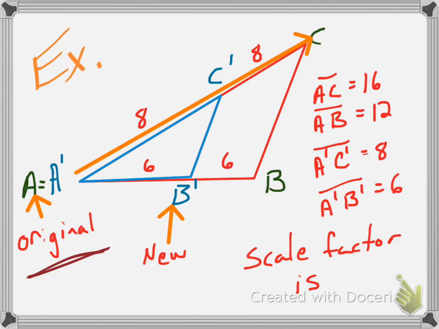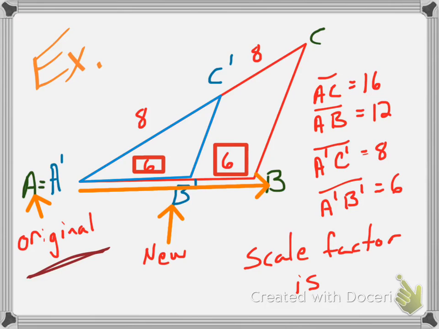That's this 8 and this 8 put together. And then AB goes from here to here. That's this measurement and this measurement put together. Now those are the only two measurements we have, and that's all we really need.